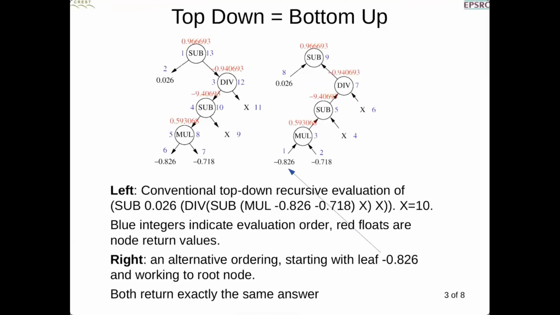And what we show is that it returns 0.59368, which is exactly the same answer as it returns in the conventional top-down recursive evaluation. And in particular, we trace all the way up through the whole of the tree. We'll see that it returns exactly the same answer as it did with the top-down recursive evaluation.